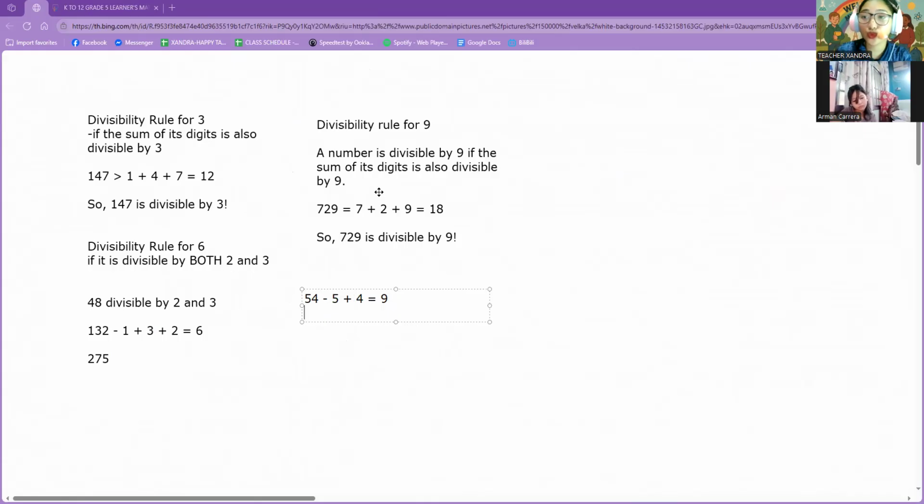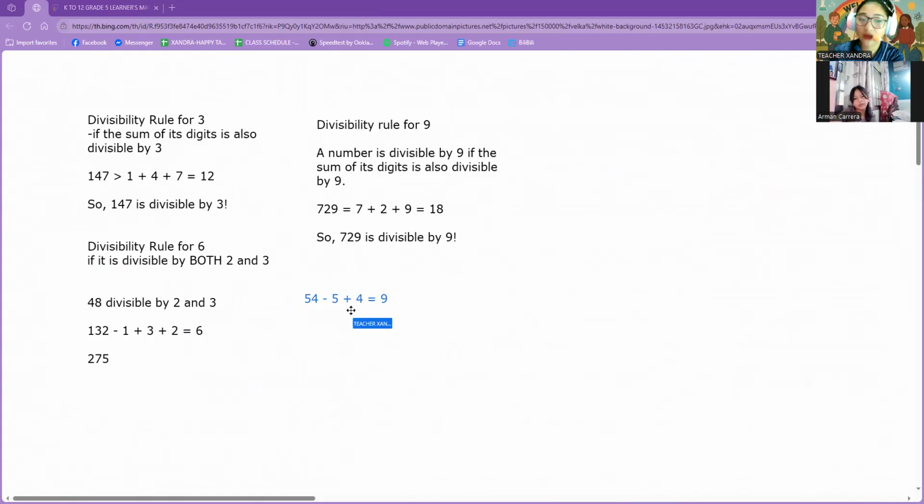How about 2? Again, the divisibility rule for 2: just look at the last digit, if it is even or not.